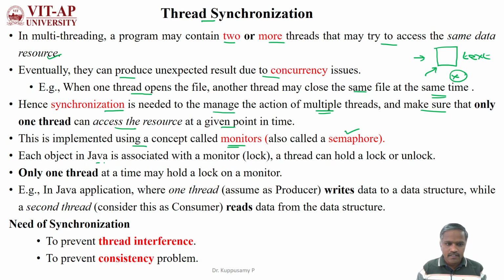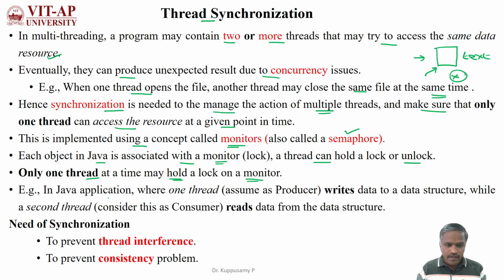Each object in Java is associated with a lock, which is called a monitor. A thread can hold a lock or release the lock based upon the monitor mechanism, which is a concurrent access mechanism. Only one thread at a time can hold a lock by using the monitor mechanism.